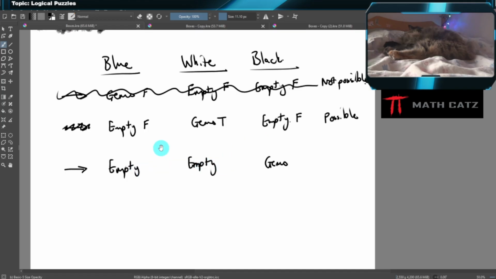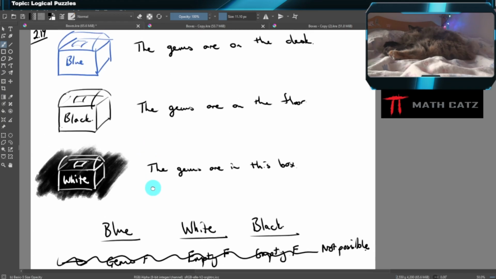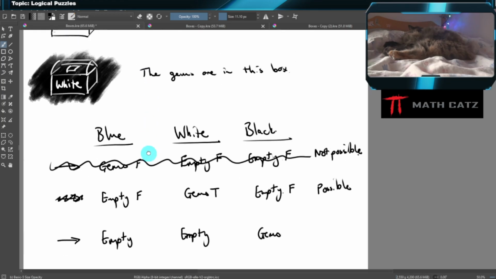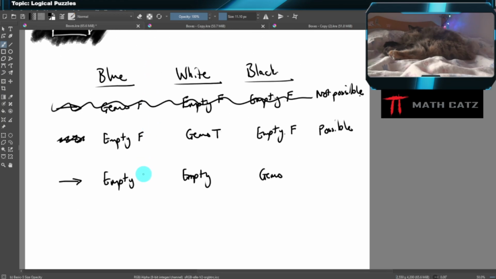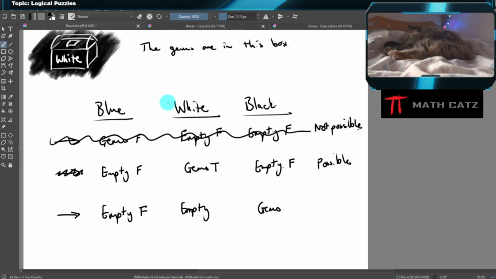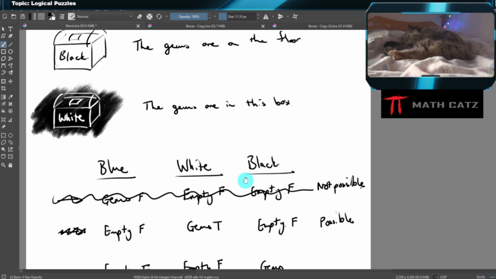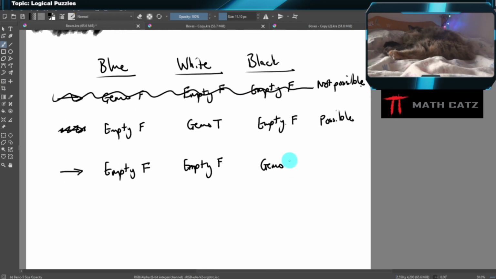Empty, empty, gems. Blue says the gems are on the desk. No, it's in a box. That is false. White says the gems are in this box. Not this time. That's false. Black says the gems are on the floor. No, they're in a box. So that is also false. And I got no true statement anywhere.